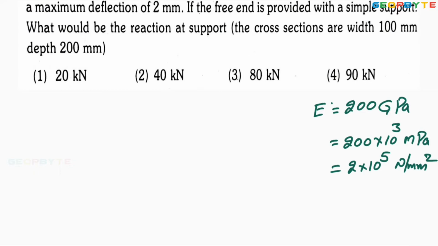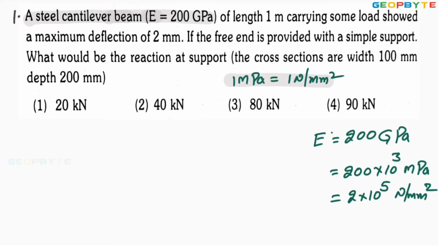Here, as we know, 1 megapascal equals 1 Newton per mm square. This relation is very important. The length of the beam given, L equal to 1 meter, is equal to 1000 mm. Carrying some load, it showed a maximum deflection.